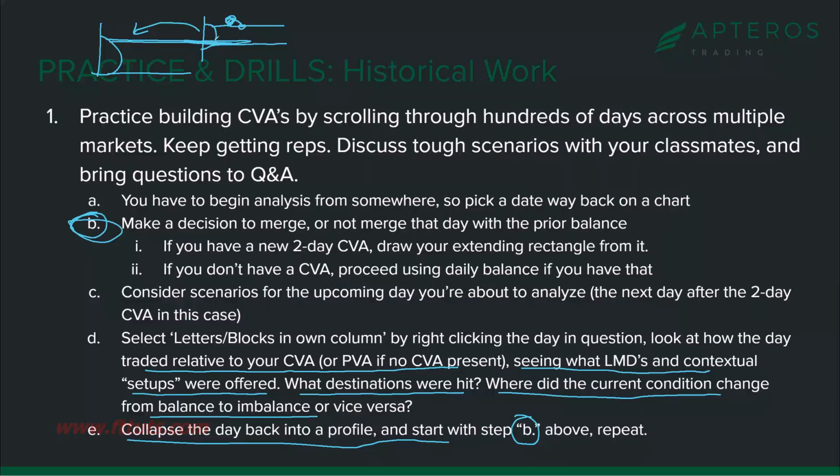The whole day yesterday was spent breaking out of the CVA. That's kind of already been done. So hypo 1 for me would be that we actually just test and go real quick off of prior value. Hypo 2 might be that we do get the full CVA retest.